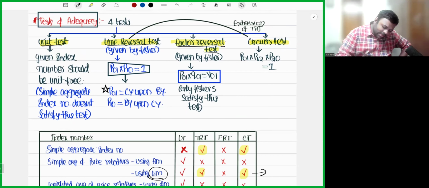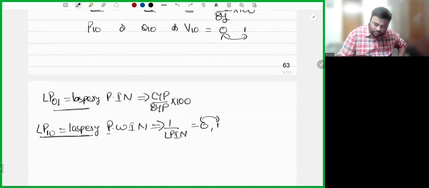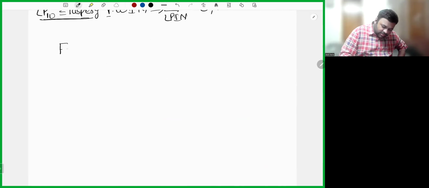Now, what does the factor reversal test say? Factor reversal test says if you multiply the price index number and the quantity index number, you have to get the value index number. If you want, you can check. Fisher's price index number, Fisher's quantity index number. What is Fisher's price index number?